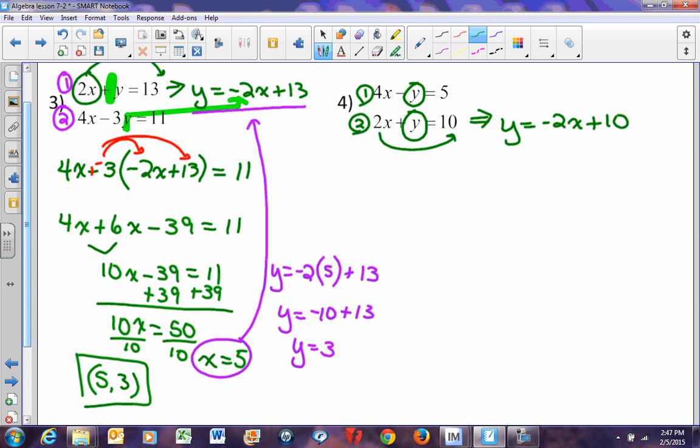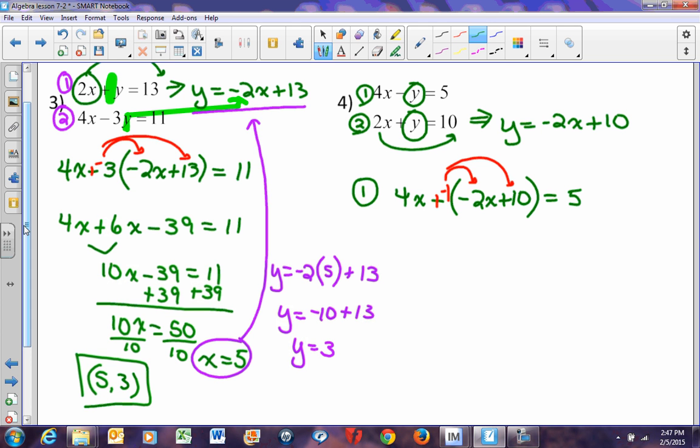So now every time in equation 1 I see a y, I'm going to put in negative 2x plus 10. So in equation 1, I'm going to have 4 times x minus y, and y is negative 2x plus 10. Make sure you have that parenthesis with the negative on the outside of it, and that equals 5. Be very careful running this negative through. It might be helpful to put a plus negative 1 on the outside and run a negative 1 through this parenthesis.